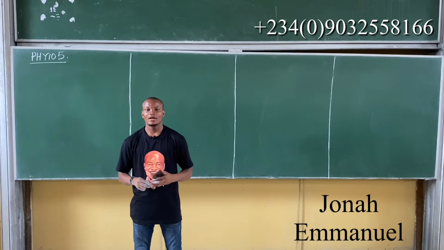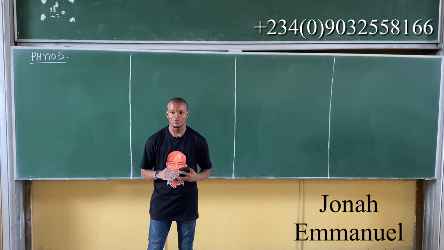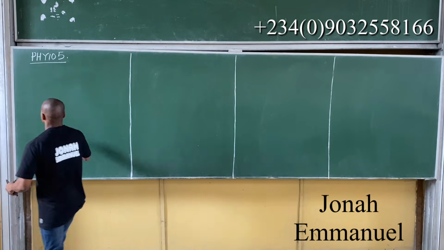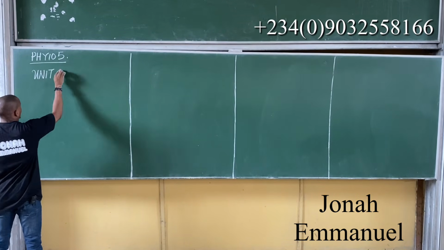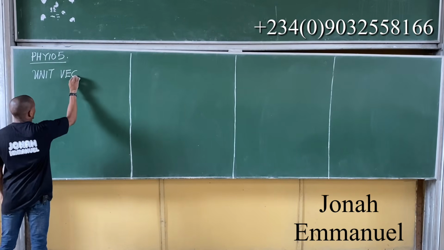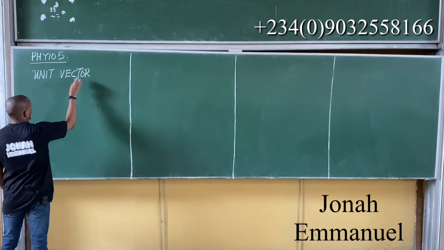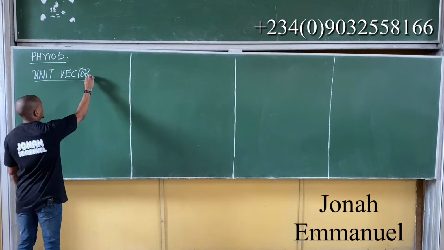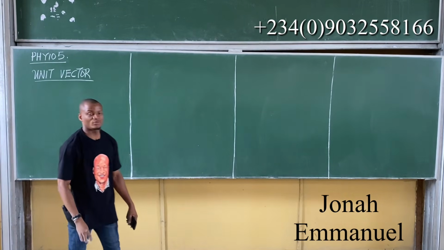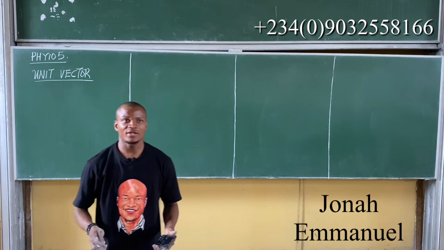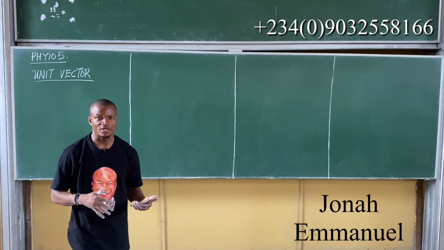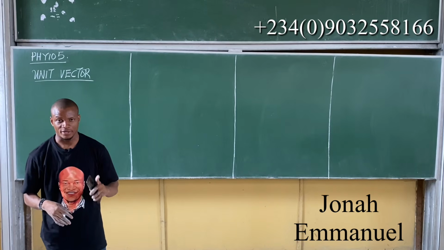Alright, so let's consider our next concept on vectors known as unit vector. Alright, let's look at unit vector. Of course, in most scientific or mathematical concepts, whenever you hear the term unit or unity, what comes to mind is 1.